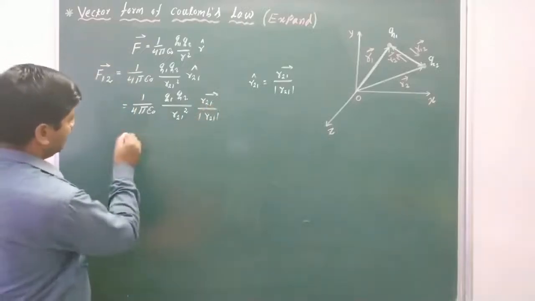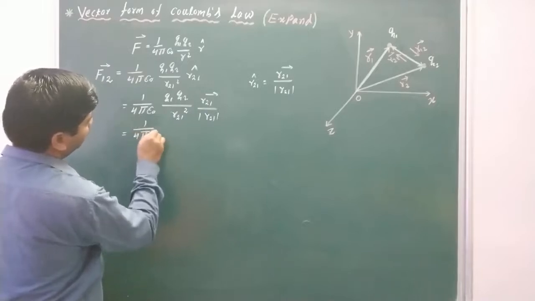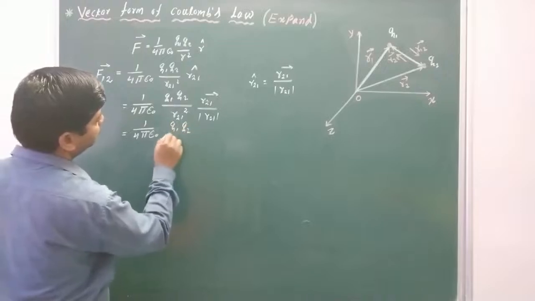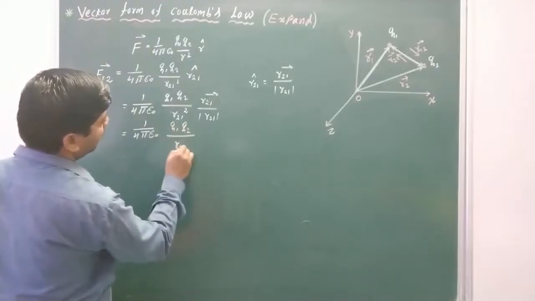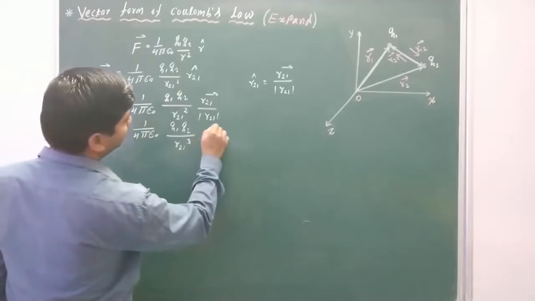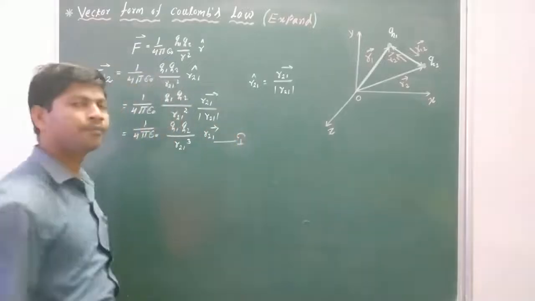Then we can write 1 by 4 pi epsilon naught into Q1 Q2 divided by R21 cube into R21 vector. Let it be equation 1.